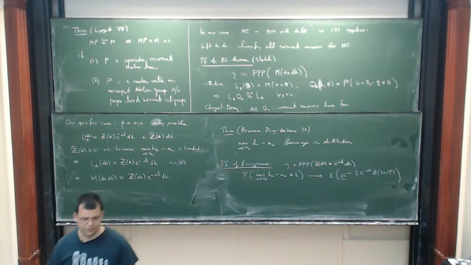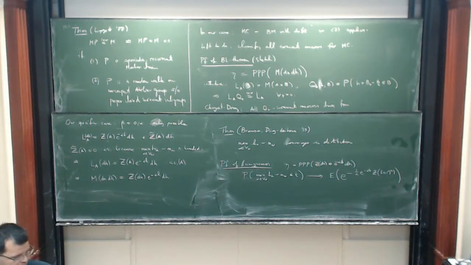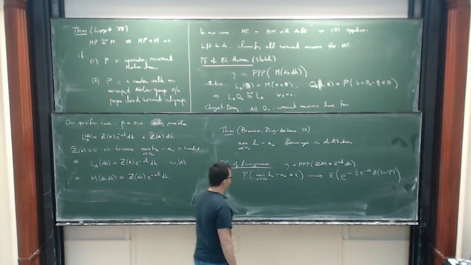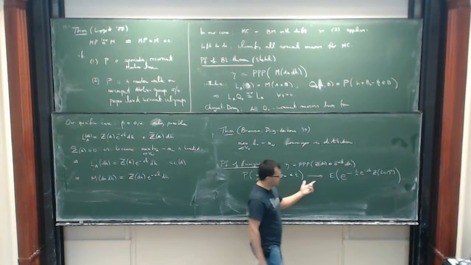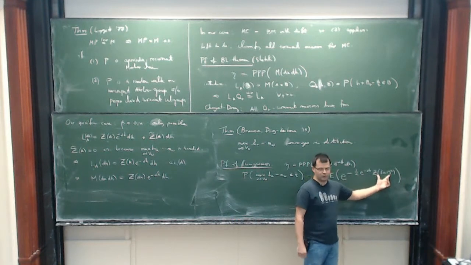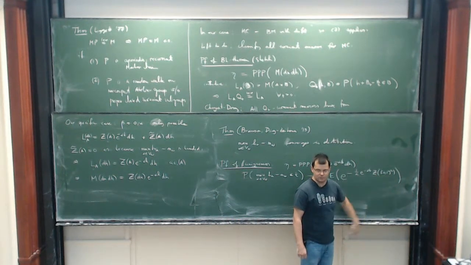Maximum is not a continuous function, but you can approximate maximum by continuous functions to make this happen. So we see that the limit law of the maximum is essentially the Laplace transform of the total mass of the measure.